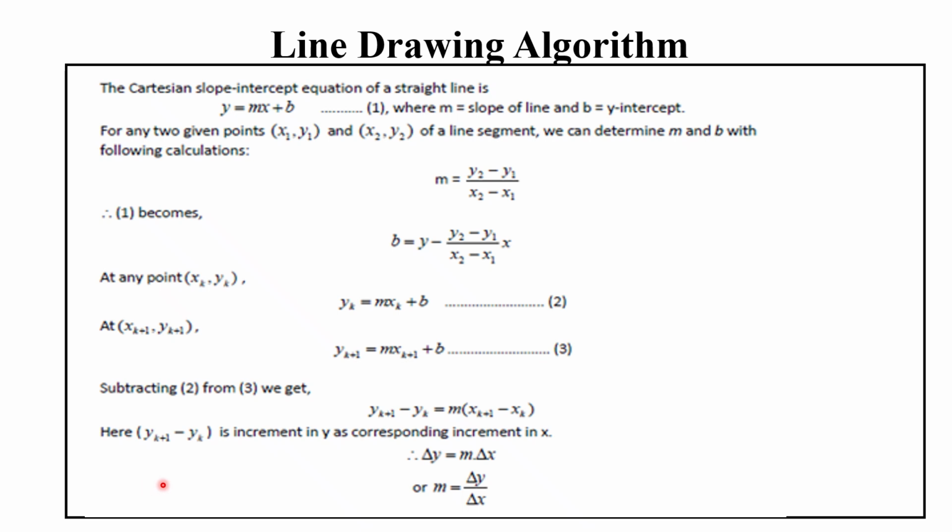Here this yk plus 1 minus yk is the increment in y corresponding to the increment in x. So we can frame an equation. yk plus 1 minus yk can be represented by del y and xk plus 1 minus xk can be represented as del x. So we can rewrite the above equation as del y is equal to m into del x, and thus m is equal to del y by del x.